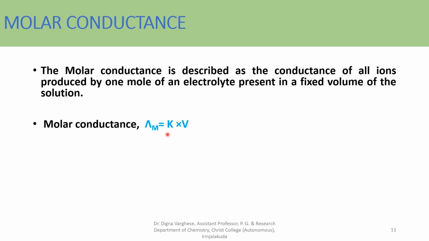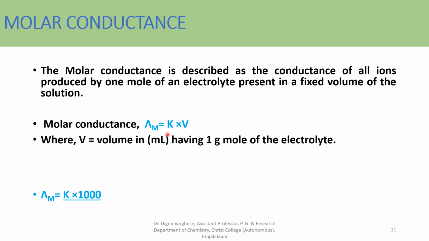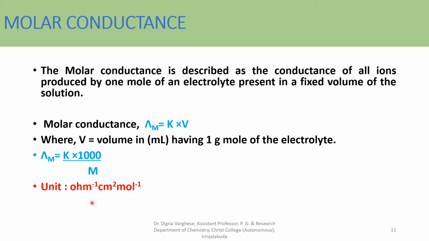If M is the molarity of the solution, molarity means concentration in moles per liter, then lambda m is equal to K into 1000 divided by M, where M is the molarity. The units of molar conductance are ohm inverse centimeter square mole inverse or Siemens centimeter square mole inverse.